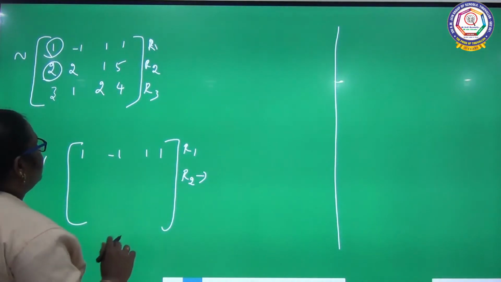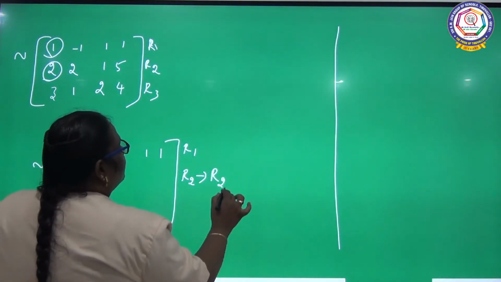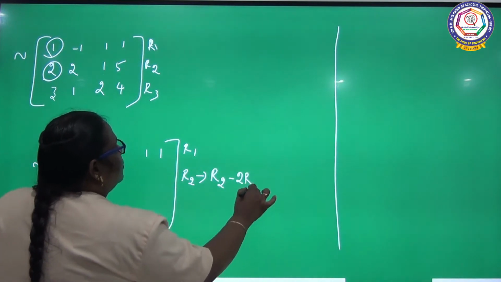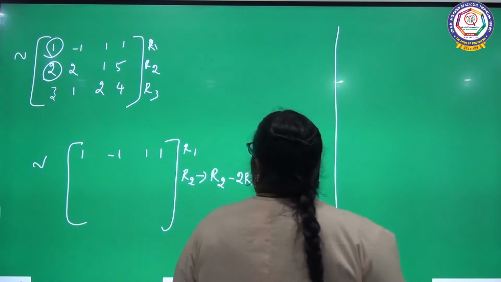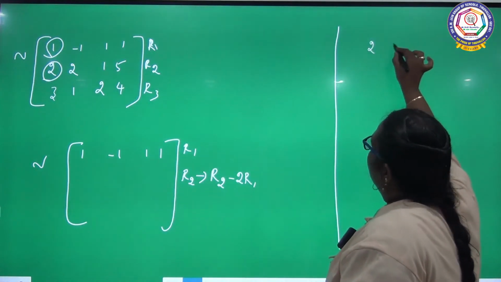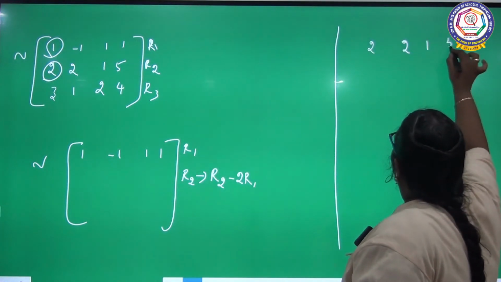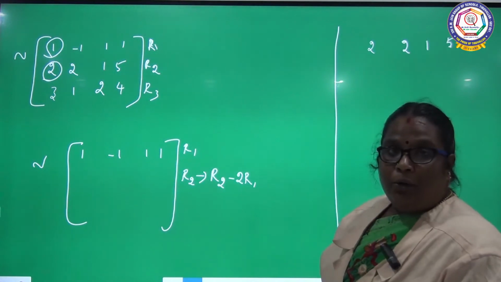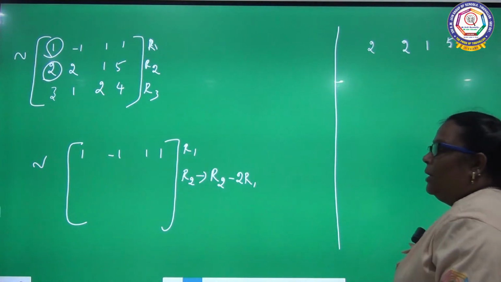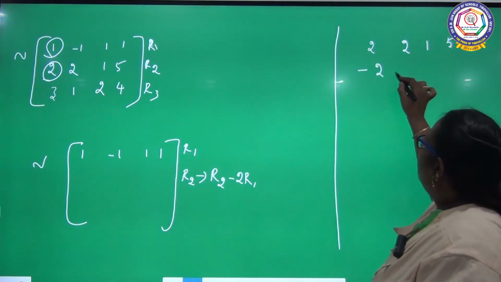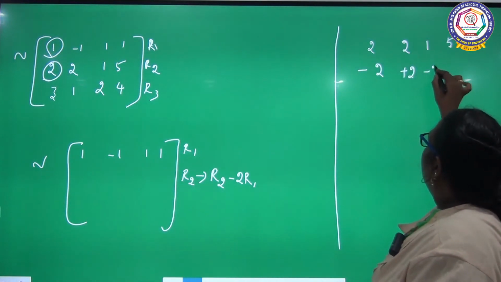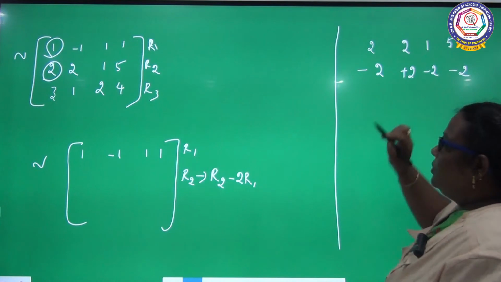So R2 gives R2 minus 2R1. What is R2 here? 2, 2, 1, 5. Multiply R1 by -2.